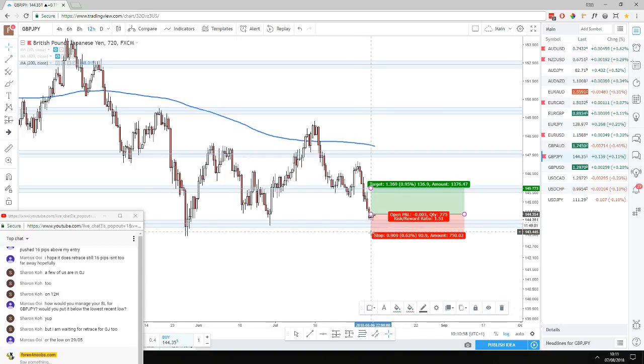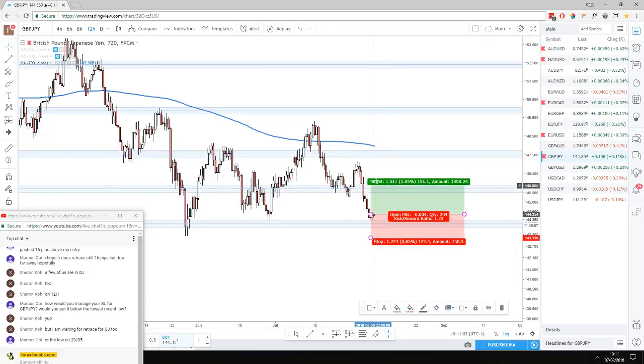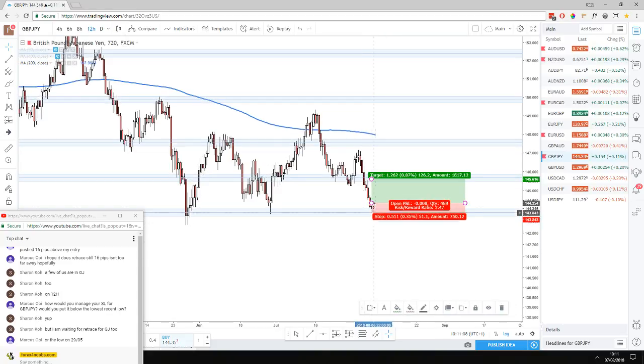I like having wide stops because they're less likely to be hit, but that's just way too much. That means you're going to have a huge target. It's a bit of a balancing act with stop losses, between having a wide enough stop that it's not going to be easily hit, but a stop that's not too wide that it's going to make your target unreachable.